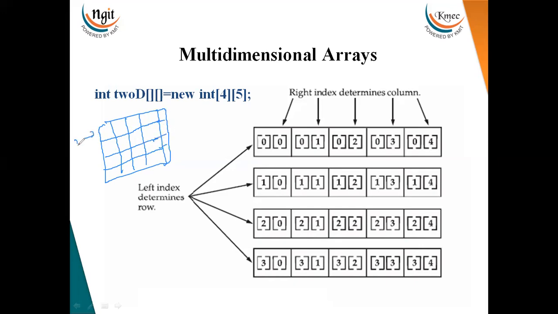So this is row 0, this is row 1, this is row 2, this is row 3, and this is column 0. Now take the combination row 0, column 0, then column 1, column 2, column 3, and then column 4. If I want this, what is the row number? What is the column number? This is how we can retrieve this particular element by using their indexes, right?